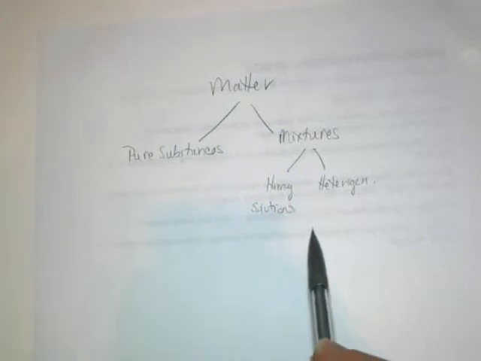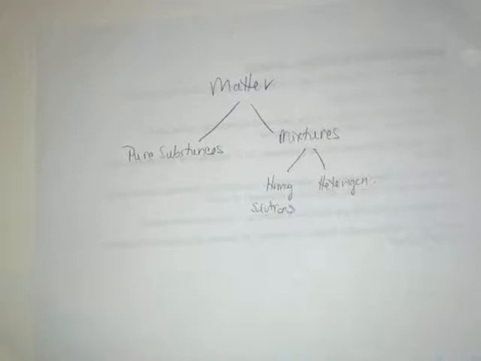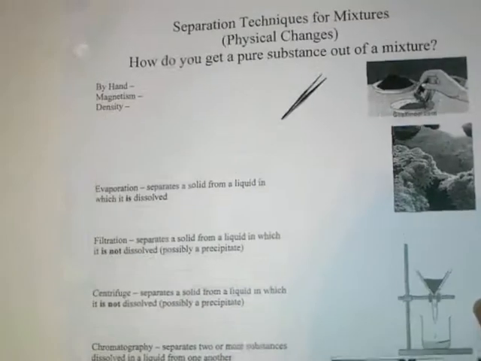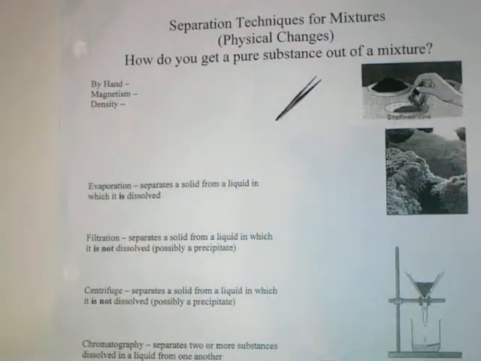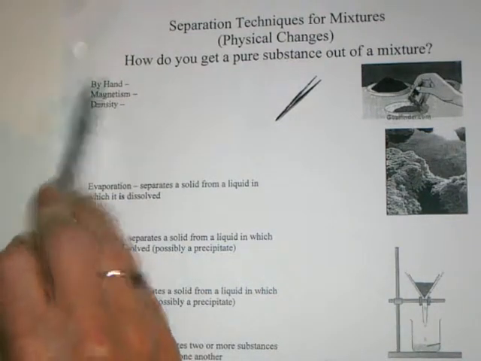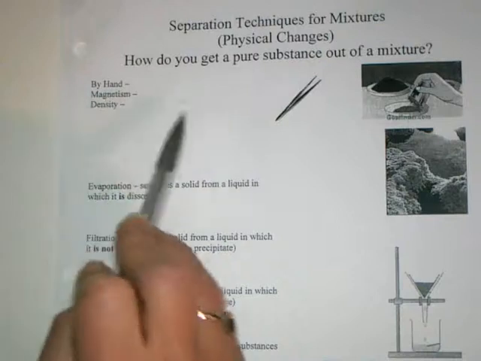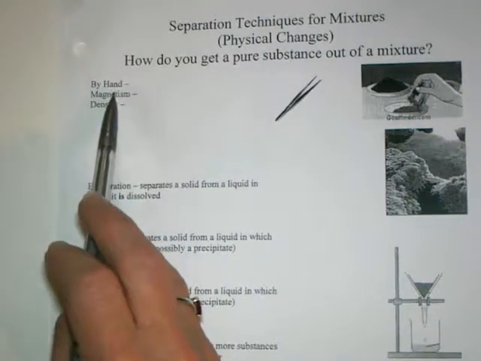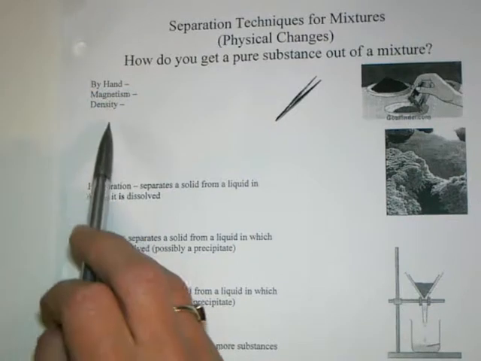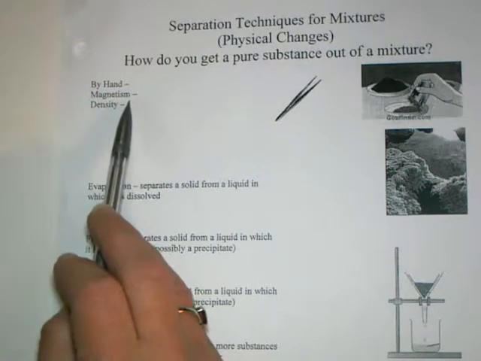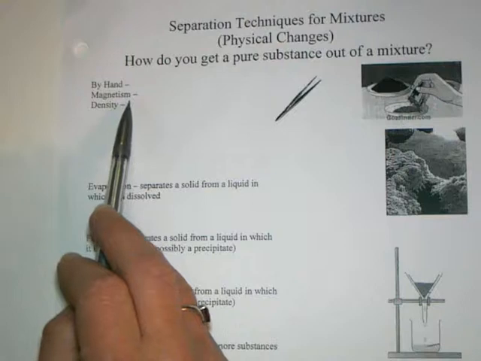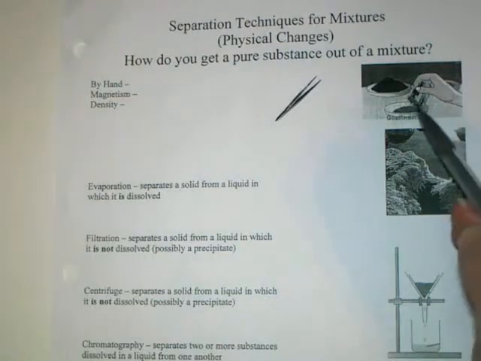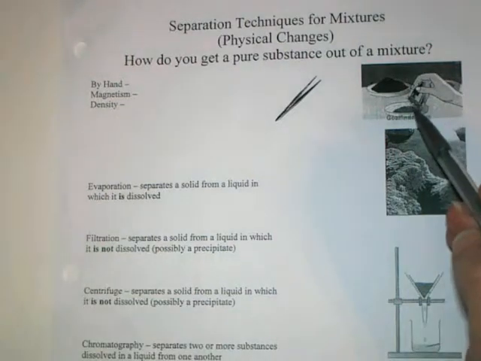Well, what are some methods of physical separation in chemistry? Physical separations rely upon physical properties for their separation. For example, by hand. You can separate out the different color M&Ms by hand based upon their color, their physical property. We could separate out anything magnetic from anything that is not magnetic by running a magnet through the mixture, using the property of magnetism.